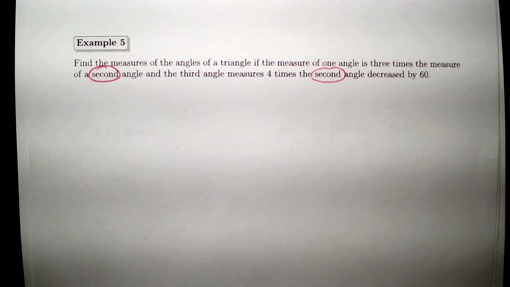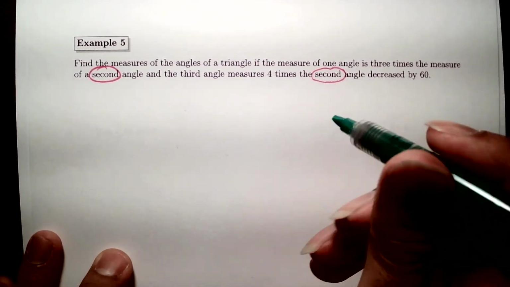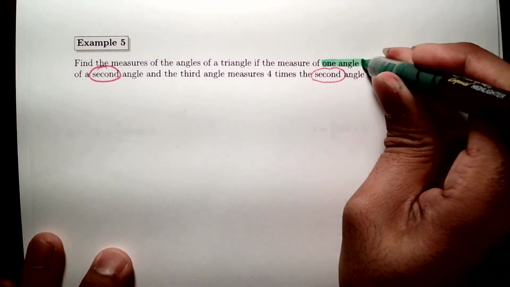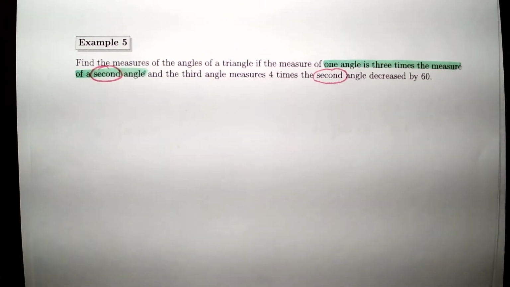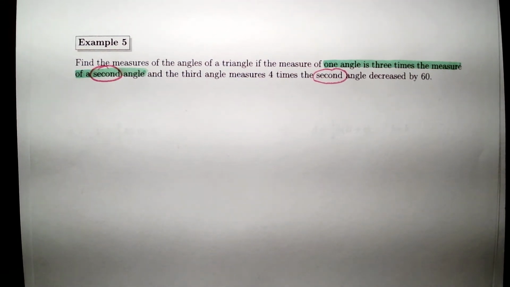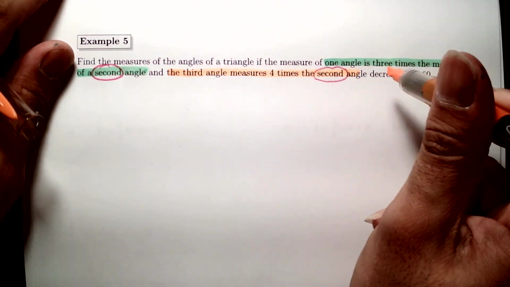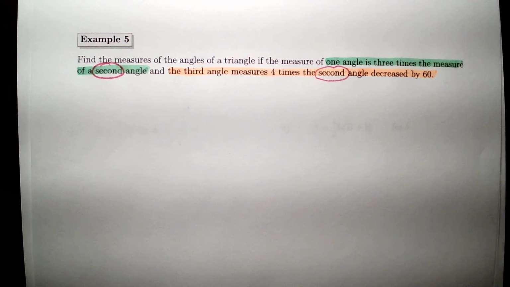Okay, let's highlight the pieces of information. One angle is 3 times the measure of a second angle. And then the third angle measures 4 times the second angle decreased by 60.